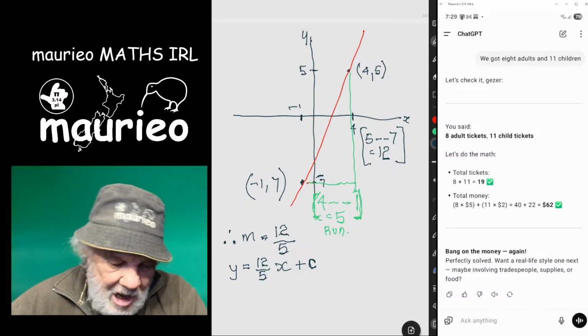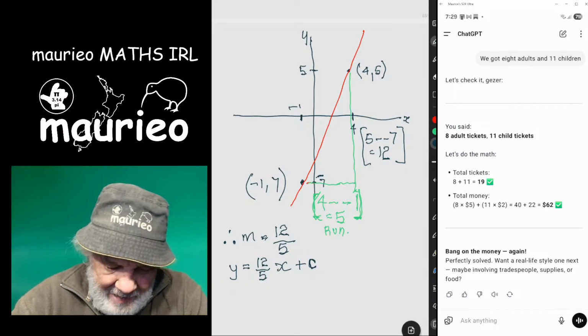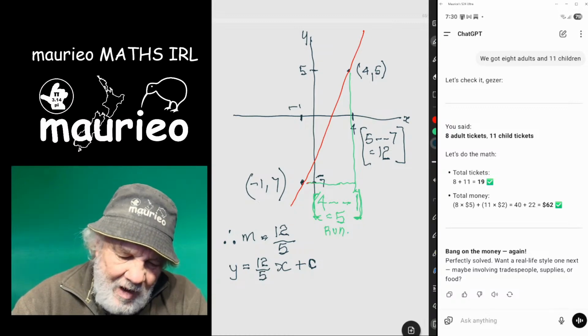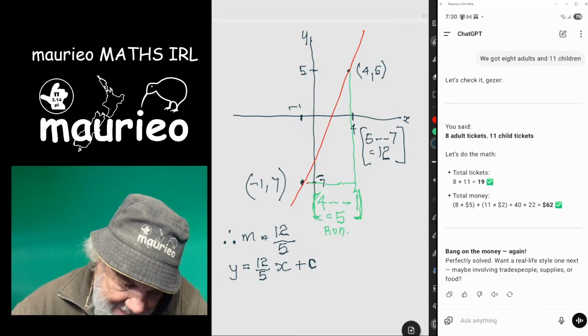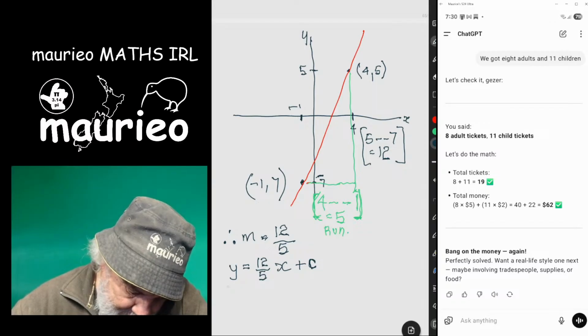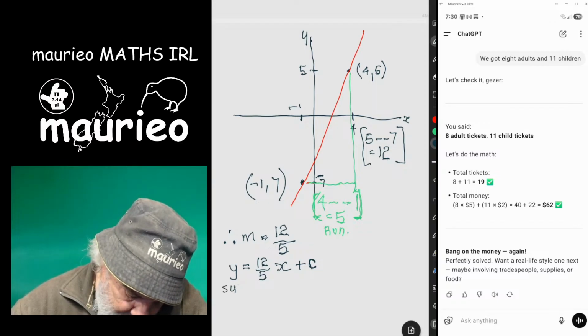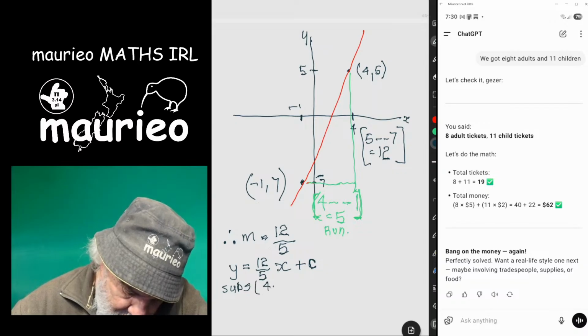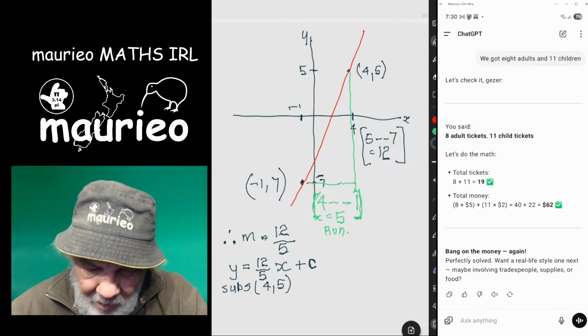But we know a point on the graph. We know that 4, 5 is on it. So we can substitute that point 4, 5 to determine what c is.